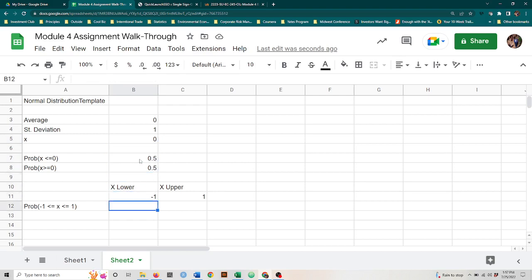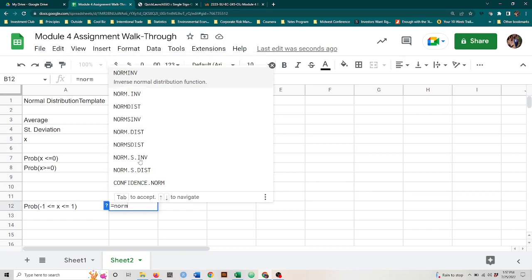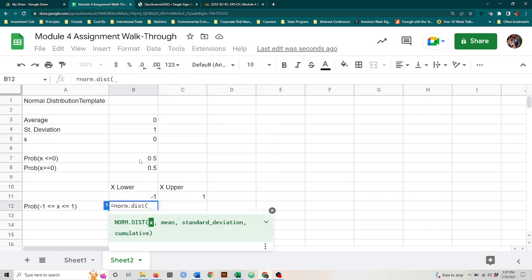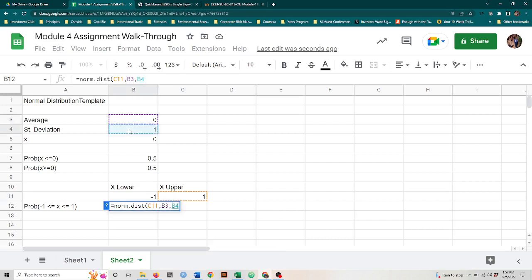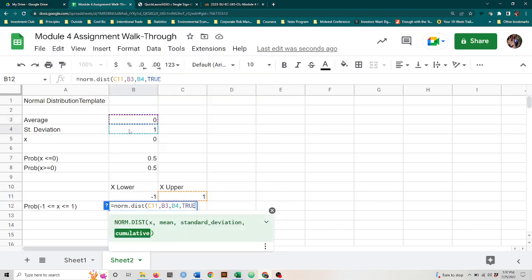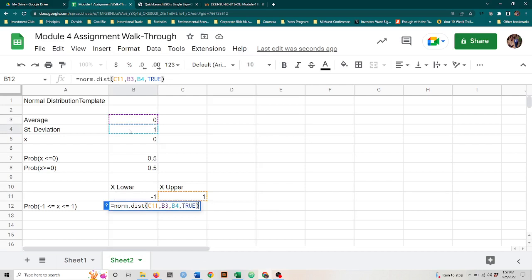Remember, this is the trickier one, but it's a little more interesting. We're looking for those in-between probabilities, so see if I can get this one knocked out pretty fast. You're going to take the probability of the upper one, again, just using the same parameter values that we're looking for, cumulative, and then we're going to subtract off.